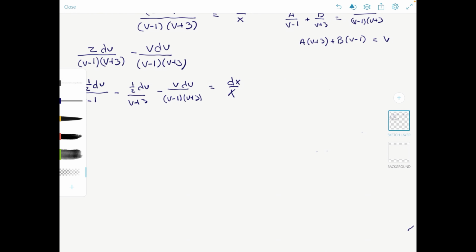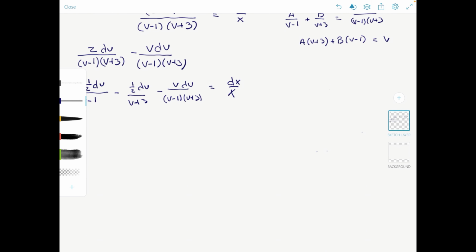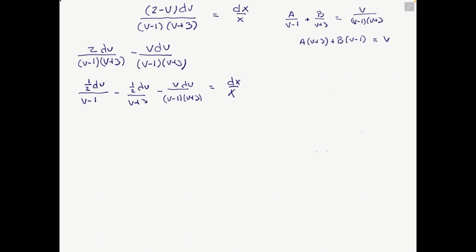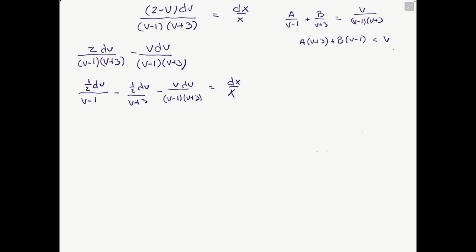That's the difference. Get rid of these marks. I hate messy boards, but sometimes, when your hand touches it, it makes a mark. Okay, so in this case, let's try v equals 0. So we have 3a. No, let's do it differently. Let's say v equals 1. We got 4a equals 1.